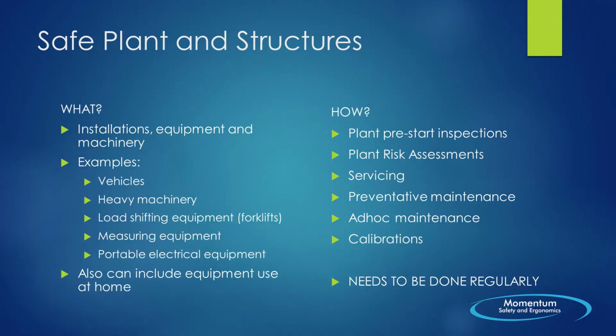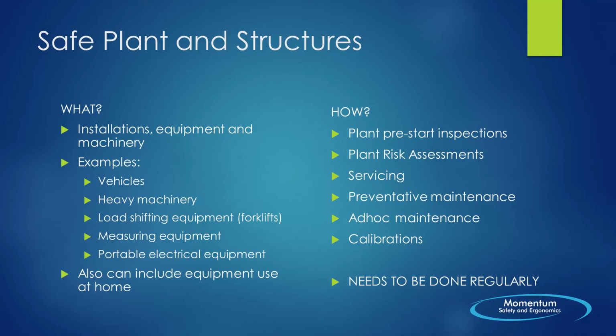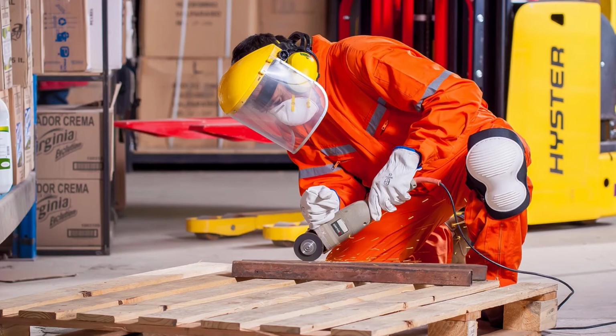Most companies will have at least 1 or 2 vehicles that the company provides for employees to drive in. It could be heavy machinery if you're in a construction type workplace, or large manufacturing perhaps. If you're in a warehousing situation, it's more your load shifting equipment, so your forklifts, order pickers, those sorts of things. But it could be something smaller like measuring equipment or portable electrical equipment as well, which of course does fall into this category.